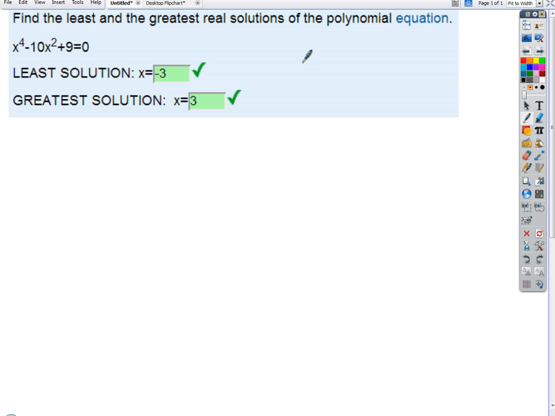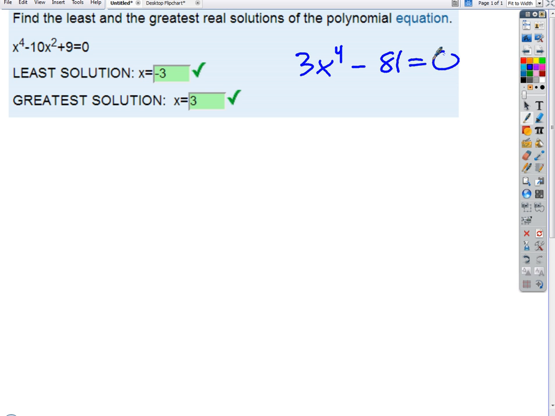Because if we had something like, for example, 3x to the 4th minus 81 equals 0, what do we do now that we know how to take roots other than square roots? This would be an easy one.